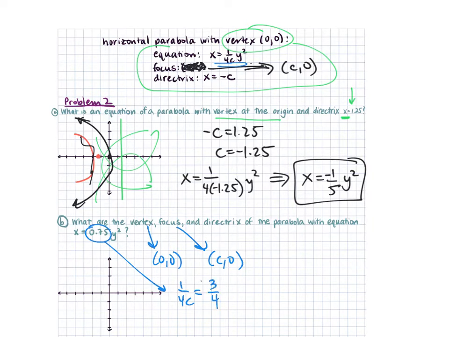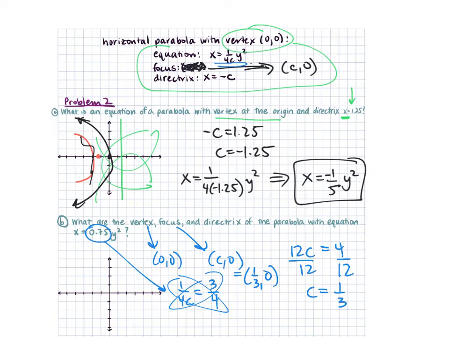If we cross multiply this, we get 12C equals 4. Divide both sides by 12, C equals 1/3. So my focus is 1/3, 0. And my directrix is x equals negative C, so it's x equals negative 1/3. So that's all. Just find your C and plug it into your formulas.